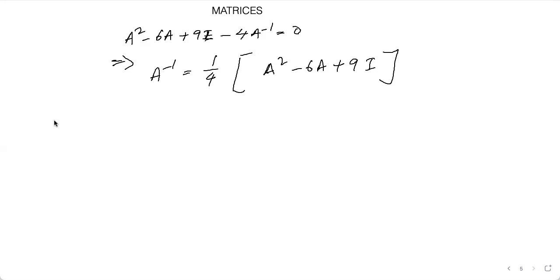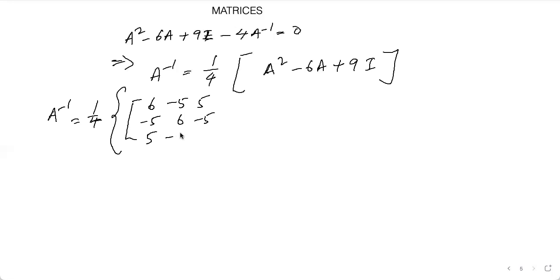Now let us find A inverse. So 1 by 4, in curly brackets, A square, which we got as 6, minus 5, 5, 5, minus 5, minus 5, 6, minus 5, 5, minus 5, 6.